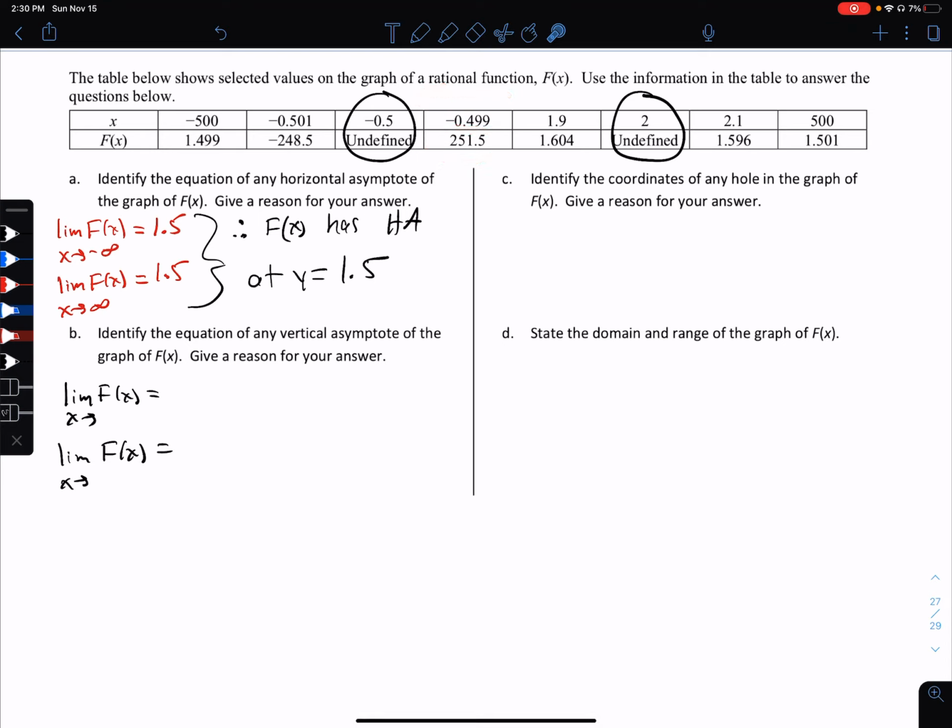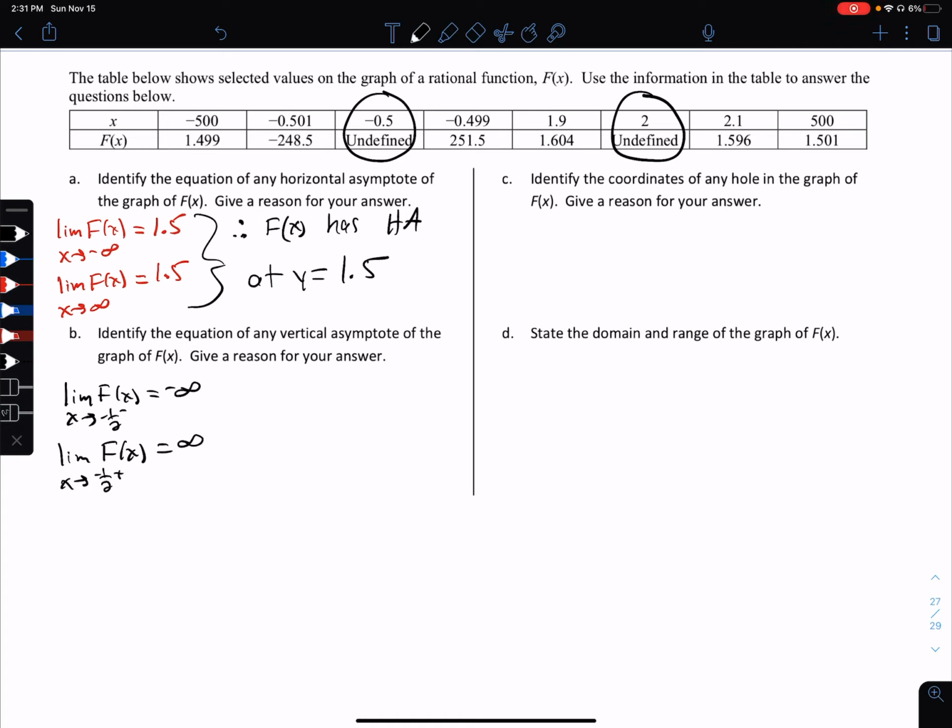So once again, as x is approaching negative 1/2 from the left, or negative 0.5 if you prefer, y is approaching this big negative number. As x approaches negative 1/2 from the right, that's here, it looks like we are approaching a big positive number.